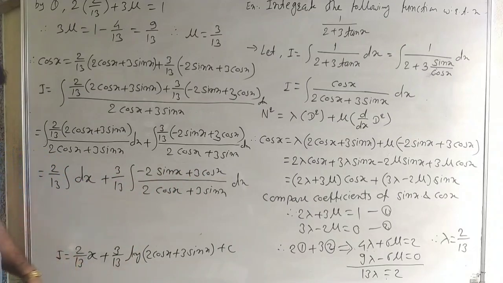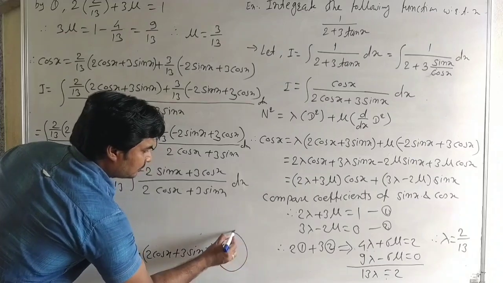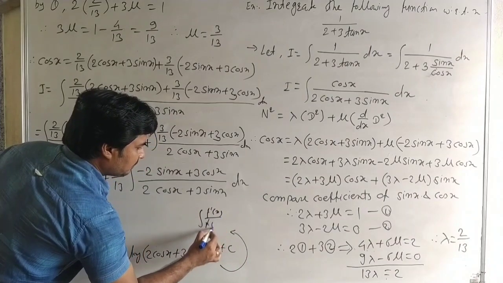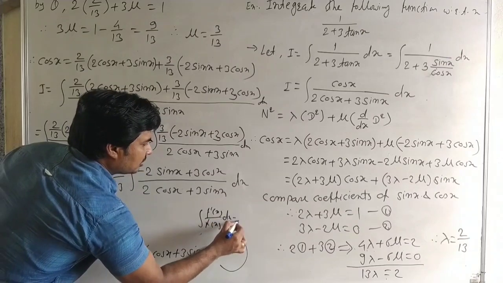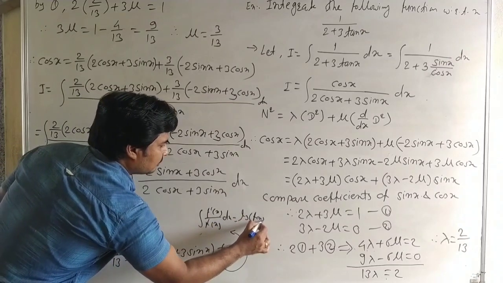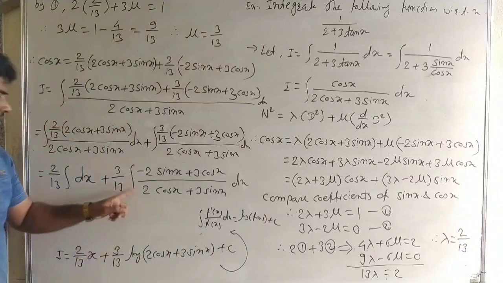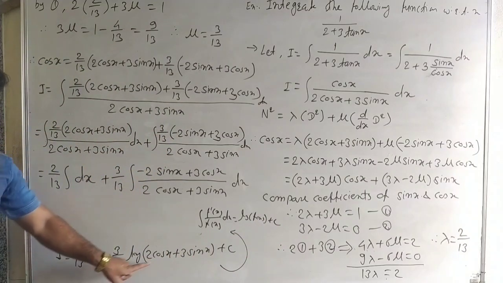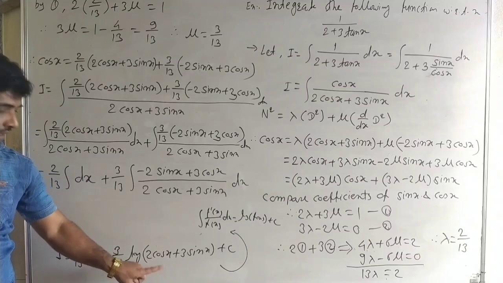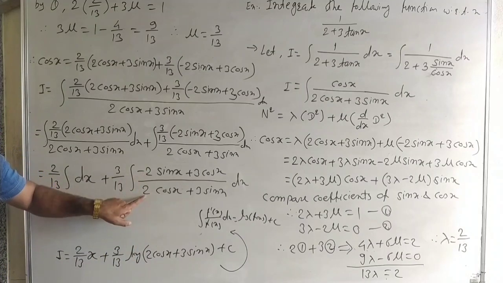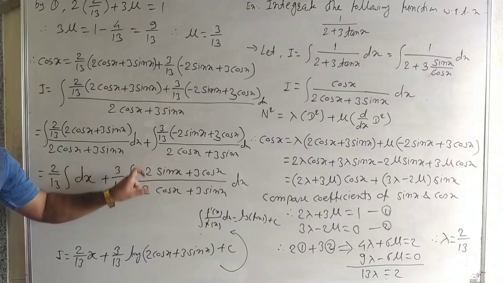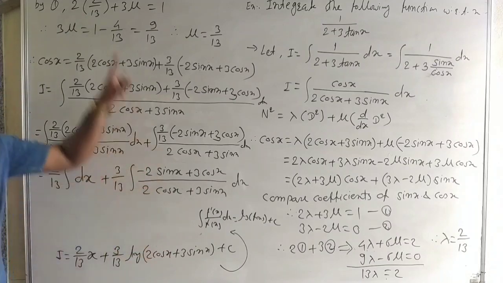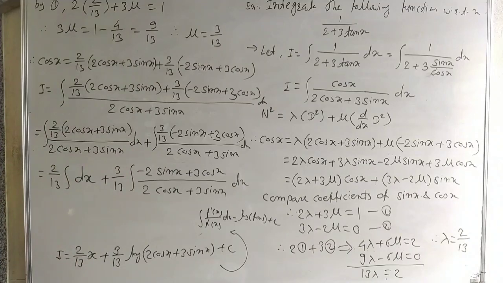Here we use the integral of f dash of x upon f of x dx is equal to log of f of x plus c. So the answer is lambda into x plus mu into log of the denominator. Check all the calculation carefully.